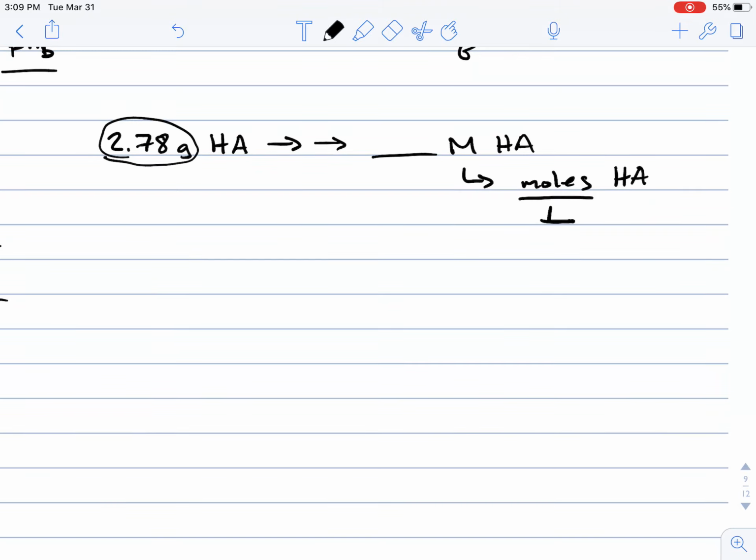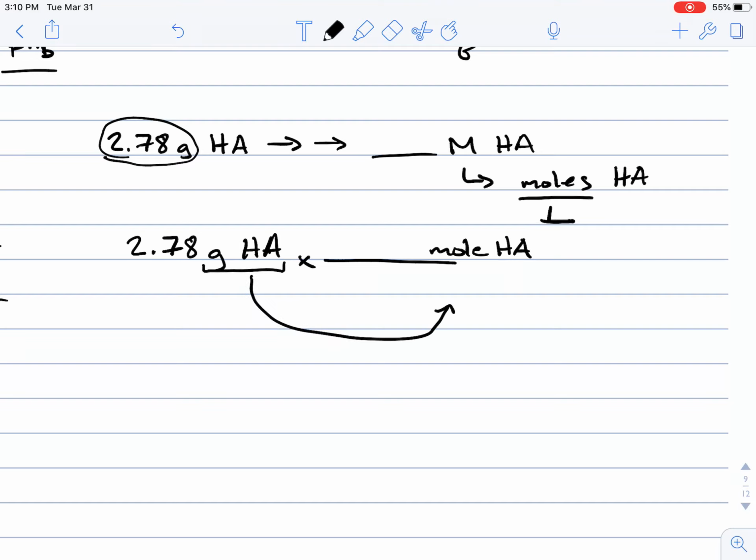And so to go from grams to moles, we're going to have to use the molar mass of that specific compound. And so 2.78 grams of HA is going to be converted into moles of HA. And since we want to convert from grams to moles, that lets us know that we have to put this specific unit in the denominator.